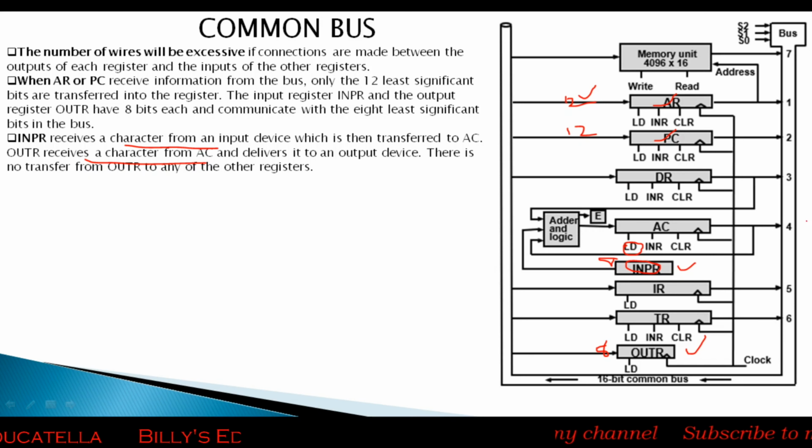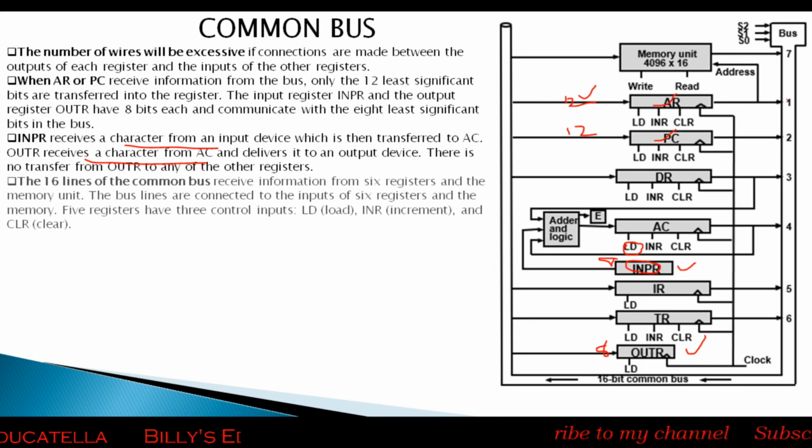Whereas the address register, program counter, data register, accumulator, instruction register and temporary register will get the inputs and will give the outputs to the common bus system. Next, the 16 lines of the common bus receive the information from the 6 registers and the memory unit.